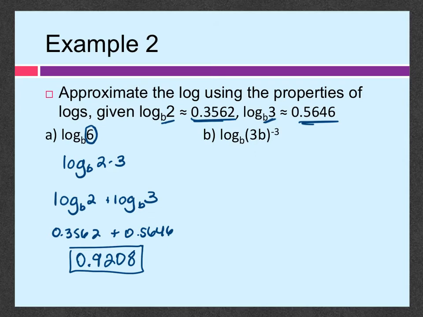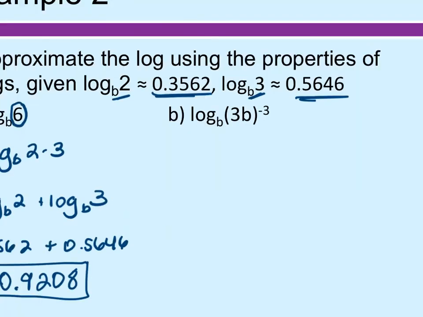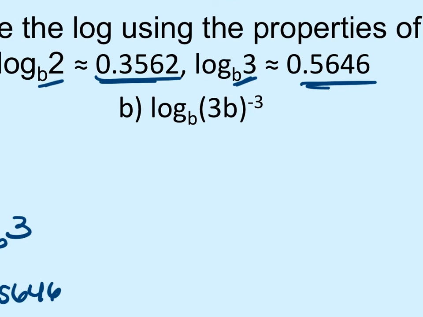Okay, now look at b. It says log base b of 3 times b to the negative 3. So there's a couple ways to look at this, but one is what happens when you raise a product to a power. What would I do with that power? If you want, you can bump it to the front. So if I'm pushing this to the front, then this is negative 3 log base b of 3b.